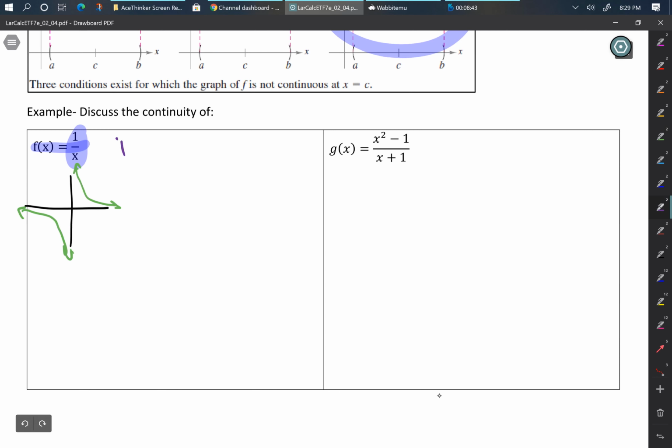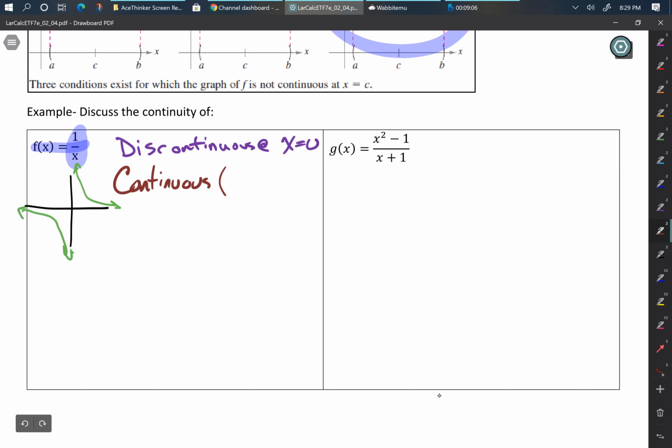So hopefully you're seeing that this is discontinuous at x equals 0. Well, if it's discontinuous at x equals 0, where is it continuous? Continuous, yeah.